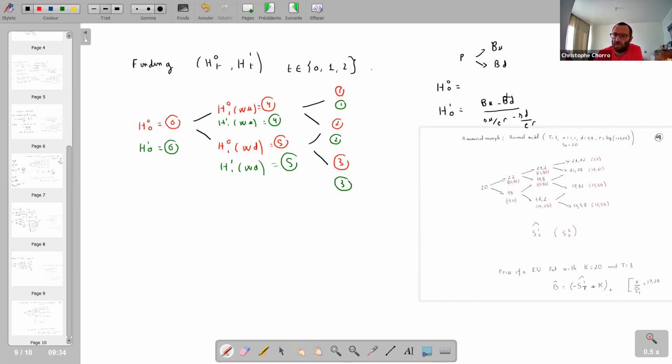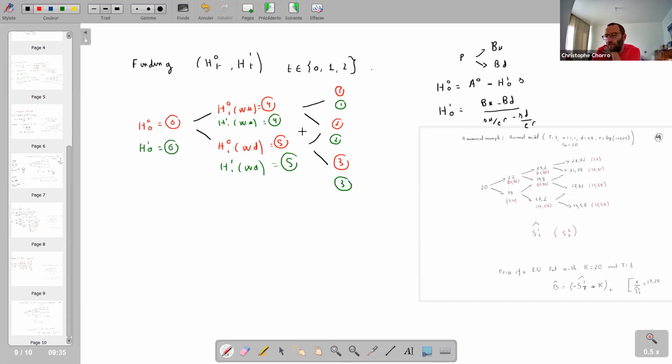It's the difference between the two actualized values of the payoff of the contingent claim divided by the difference between the two actualized values of the risky asset at time t equal to 1. And I recover H0 using the fact that this is equal to A0 minus H1,0 S simply. Okay, so I have this.